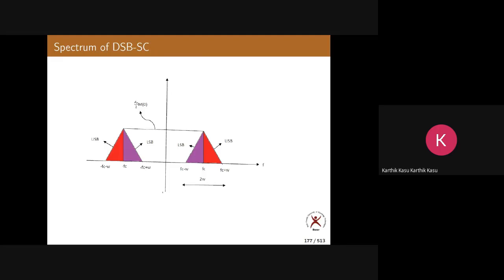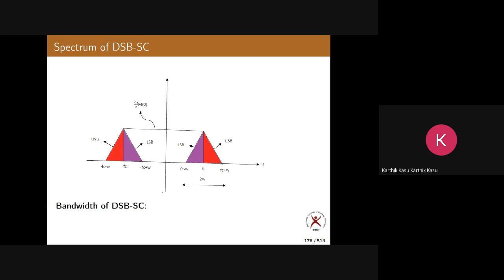So the next question arises: why transmit two sidebands, if they have the same information? You can remove one sideband. That leads to one more technique called single sideband modulation. Here you transmit only one sideband, either upper sideband or lower sideband. We'll discuss everything later.